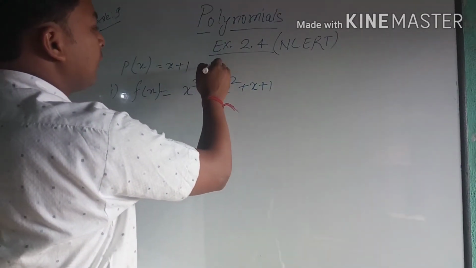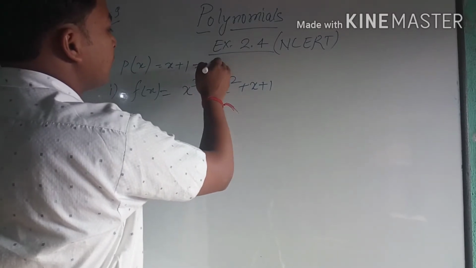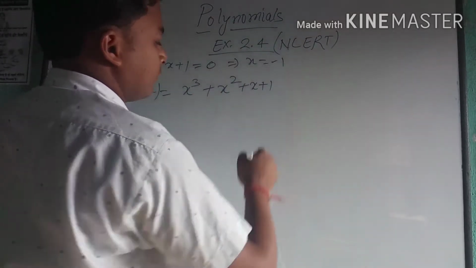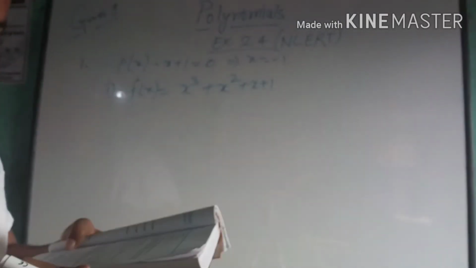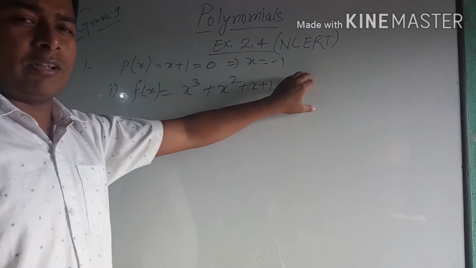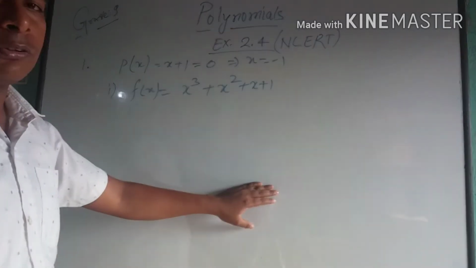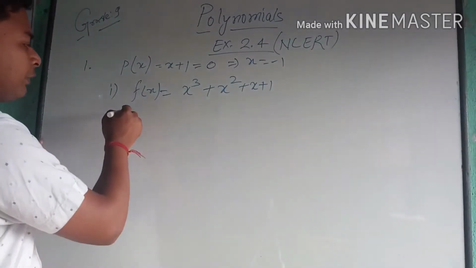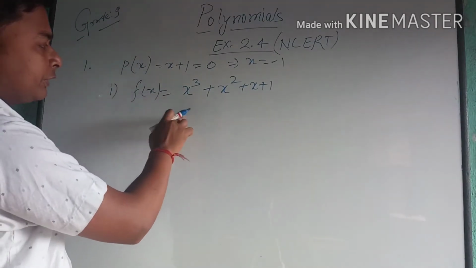So we can easily find from here that if this is equal to 0, then the x value is equal to minus 1. And we have studied in the factor theorem that we will find out the value of the given polynomial at x equal to minus 1, and if the remainder is 0, then we can certainly say that it is a factor. So what we have to do, this is the first part of the question.